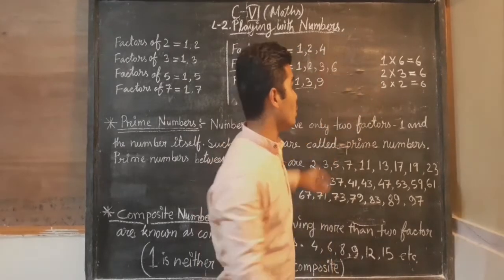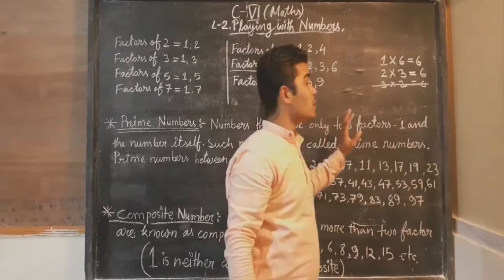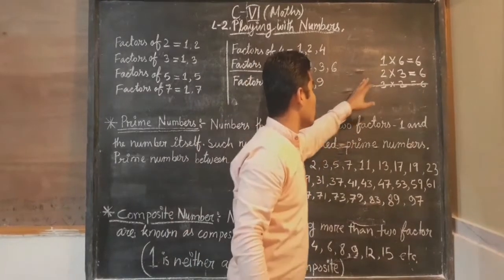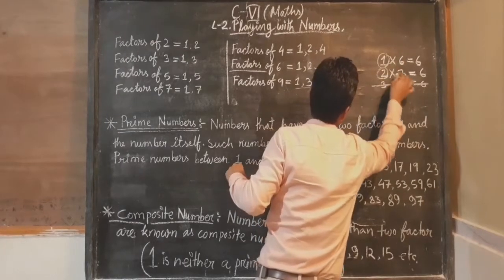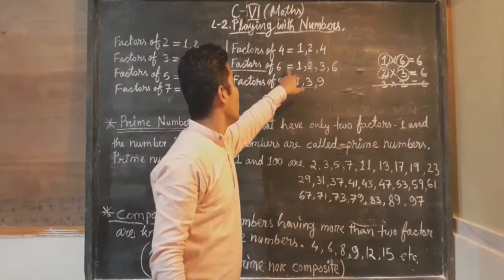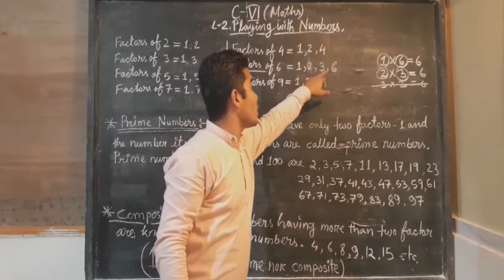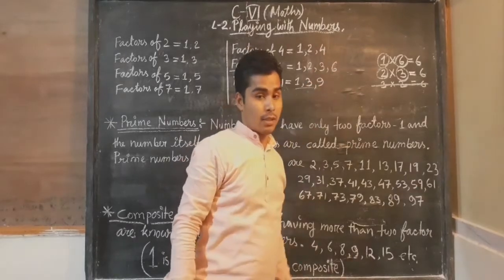So we will not include these two factors again. Now we will write the factors of 6. These are the factors of 6: 1, 2, 3 and 6.